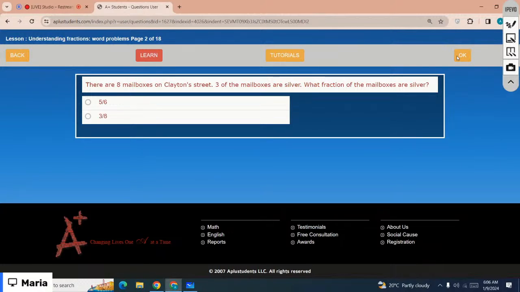What fraction of the mailboxes are silver? That is 3 out of 8. Got it? The correct option is 3 out of 8, right? Option number 2 is the correct option.